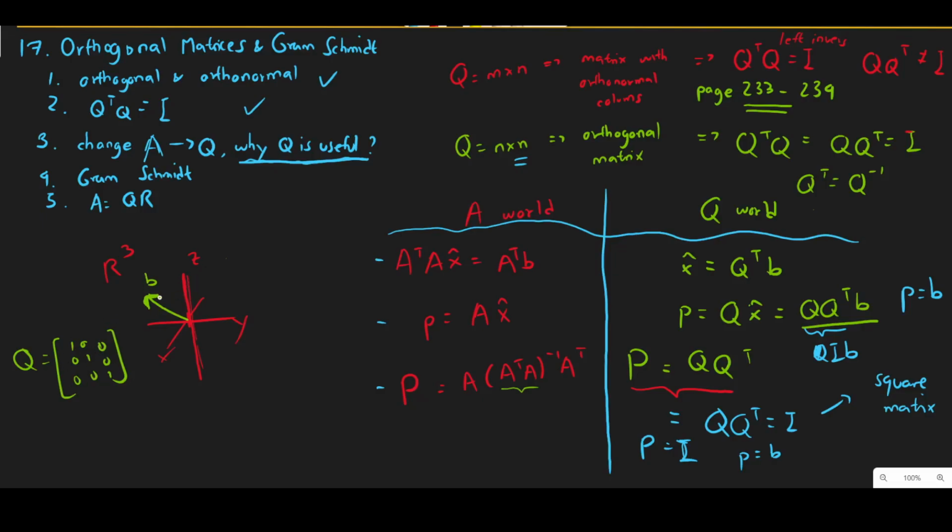So we want to project B into the whole space. What will we get? Well, we get B itself. It doesn't move. It's just the best projection of B that we get into the whole space. So intuitively that also makes sense. So that's it for point number 3.